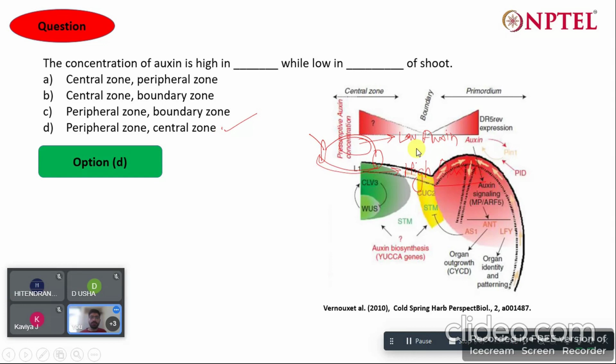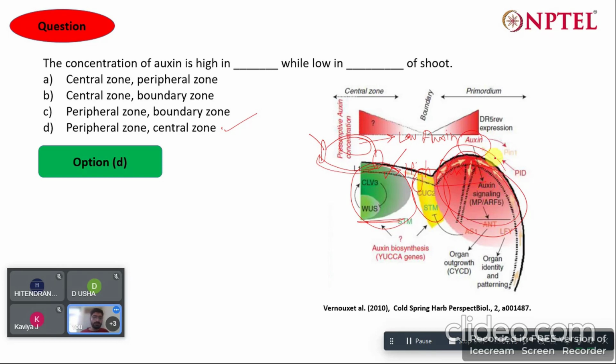Okay, and this is the explanation that I was giving. So this is the boundary zone, this is the peripheral zone, and this is the central zone. So in case of the central zone, there is a high amount of cytokinin present, not the oxygen. The oxygen levels are very low. And in case of the peripheral zone, that is the zone for differentiation, the oxygen amount is very high.